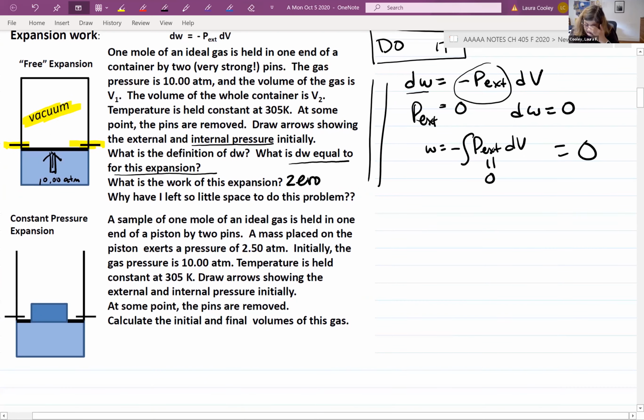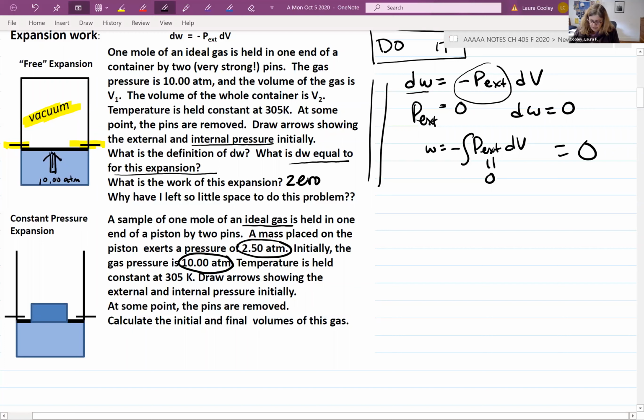Anyway, now we have a different situation. We have an ideal gas, and you've got the 2 pins again, and a mass is placed, and the mass is exerting a pressure that's 2.5 atmospheres. And the gas has a pressure of 10 atmospheres.